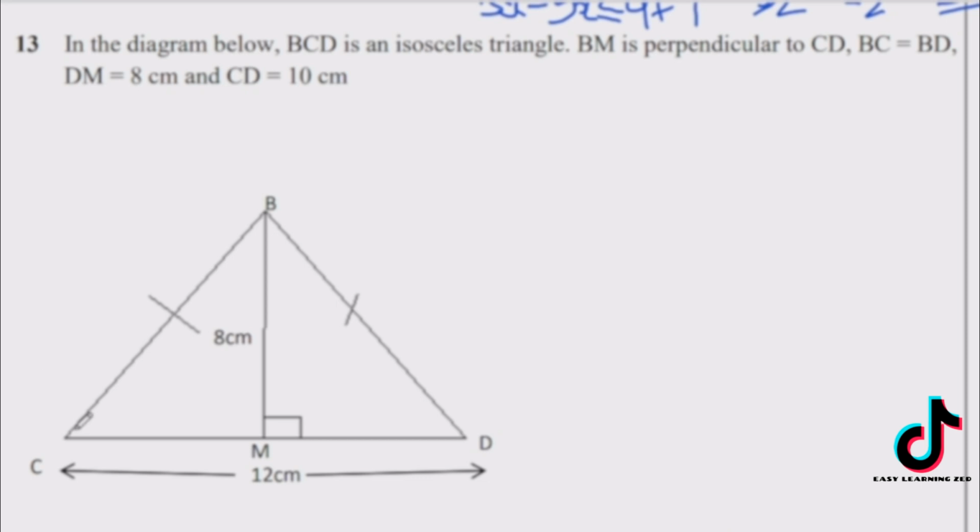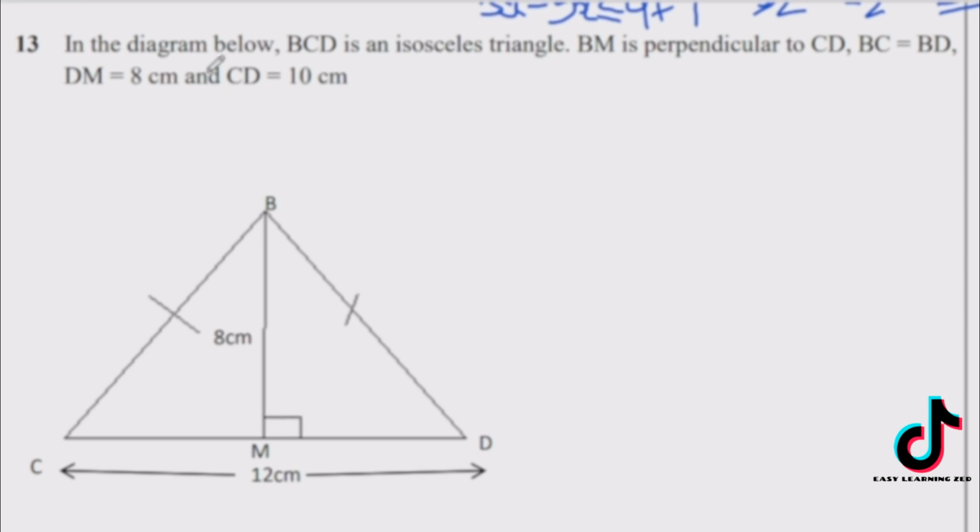BC is equal to BD. Then DM is equal to 8 centimeters.